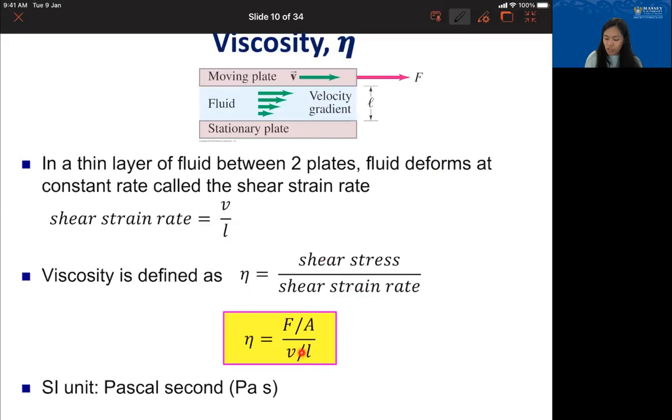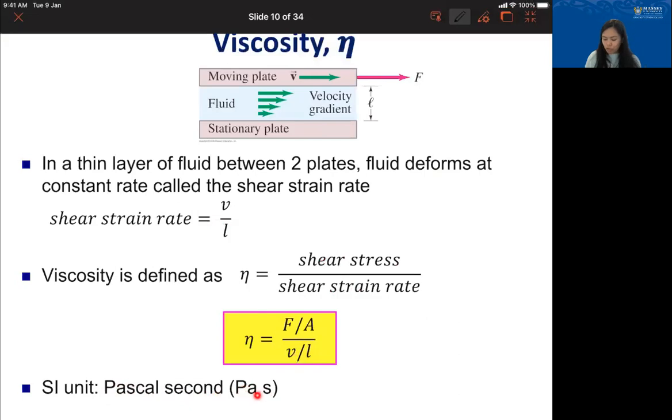we won't look more closely into the direction, so we can just use speed instead of velocity to describe the strain of the fluid. Okay, and just to complete the discussion for viscosity, the SI unit for viscosity is pascals times seconds.